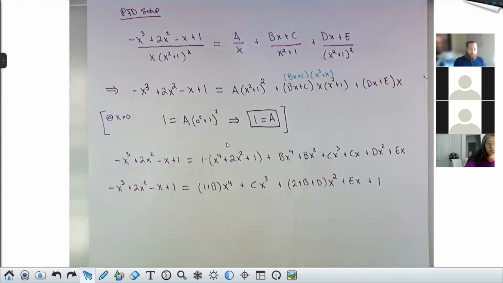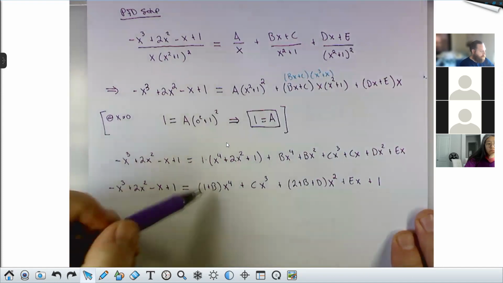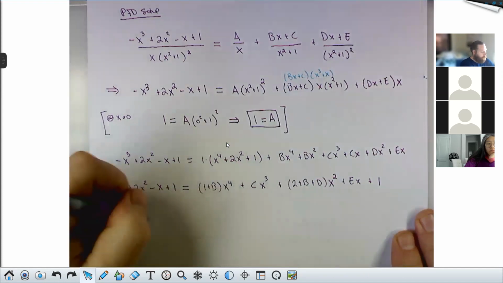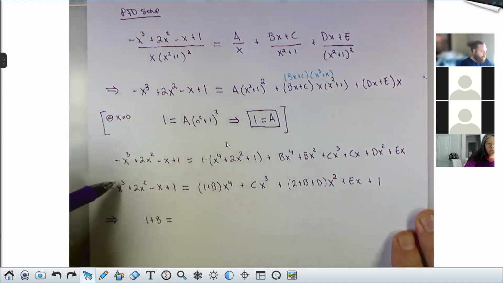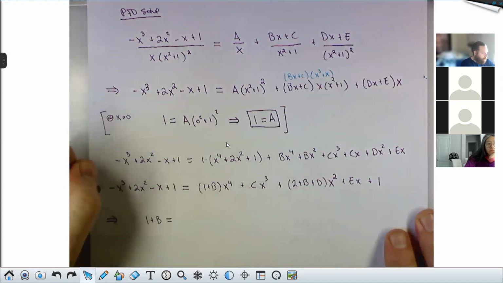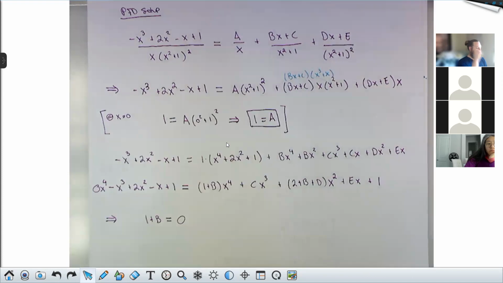And now we equate coefficients on both sides. The coefficient of x to the 4 is 1 plus b on the right, and the coefficient of x to the 4 on the left is 0. There are no x to the 4s. So 1 plus b is 0.